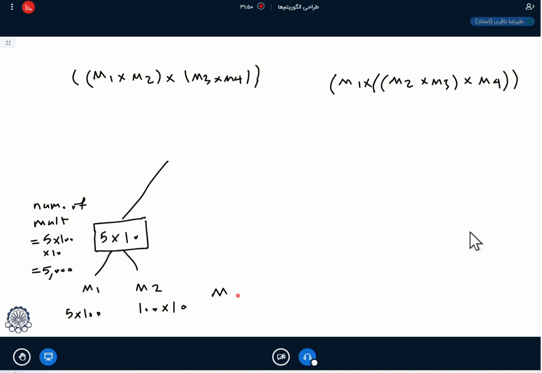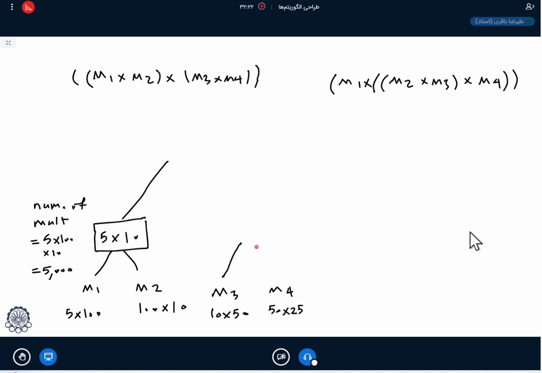Then we multiply m3 and m4. m3 has 10 rows and 20 columns. m4 has 20 rows and 25 columns.